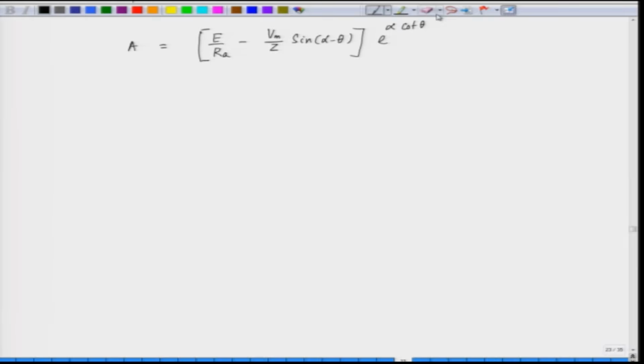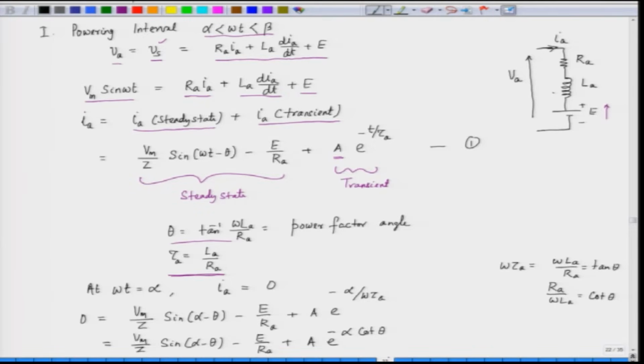This has been obtained from the previous equation. We are trying to find the value of this constant A so that we can substitute it here to get the value of current, that is IA.